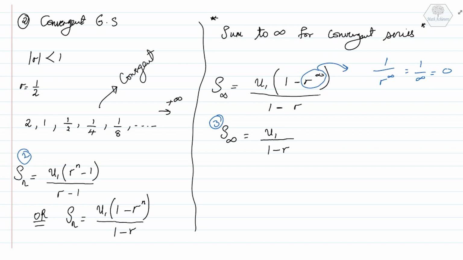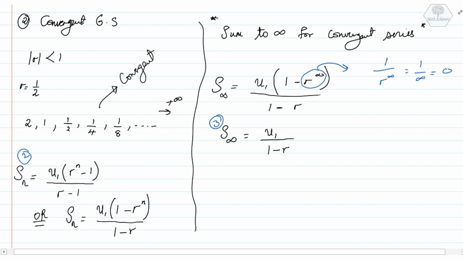It's really hard to find, maybe because of alternating signs, like if I have r equal to minus 2, let's say. So it's really hard to find the sum to infinity for a divergent series. For convergent, of course, we can, and this is included in our course. Only the sum to infinity for a convergent series. Otherwise, for a divergent series, we can only find the sum of n terms.